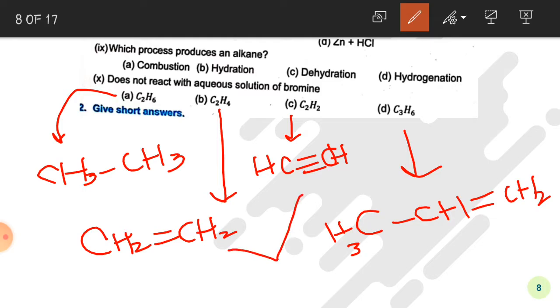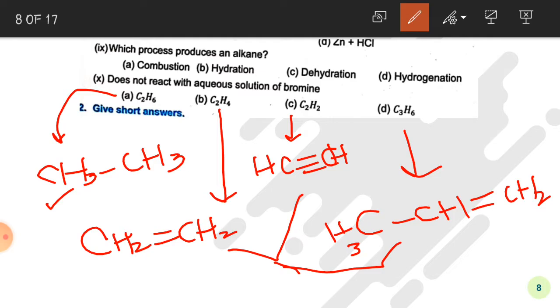Now if you look at these three options, you will see that a double and a triple bond is present. Since double and triple bonds are present, the bromine can get added to each of them. However, if you look at ethane, there is no double bond present.